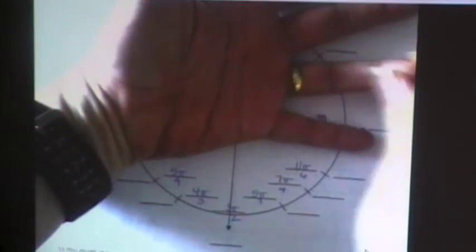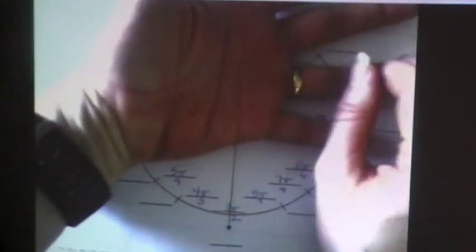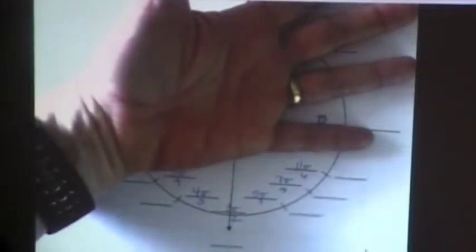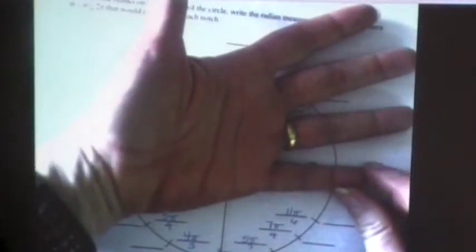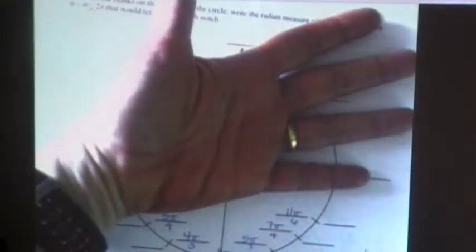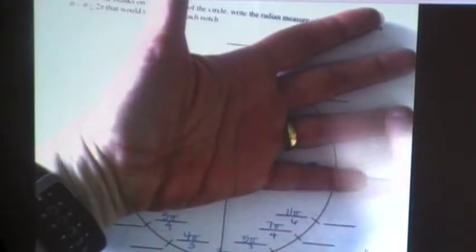So this first one, my ring finger, is pi over 6. This is pi over 4, and this one is pi over 3. So now, whenever they ask you which angle you're looking for, you fold that finger in. So if they ask what the ordered pair at pi over 6 is, I take my pi over 6 finger and I fold it in.